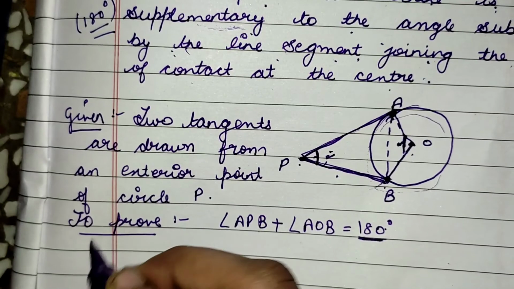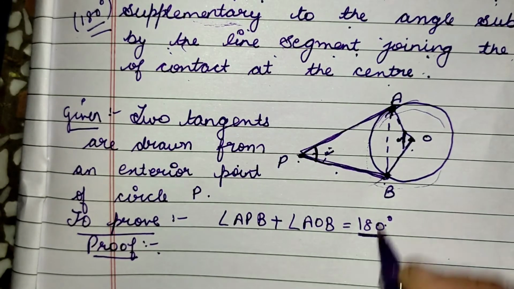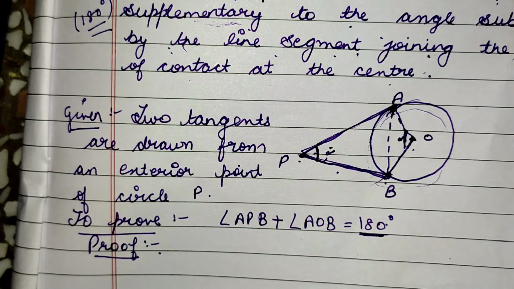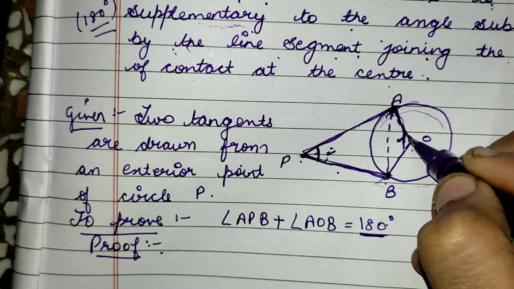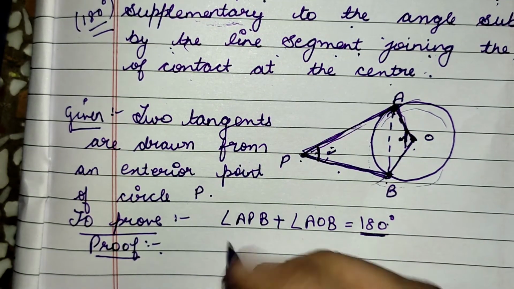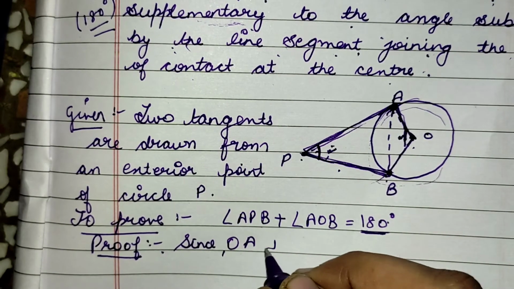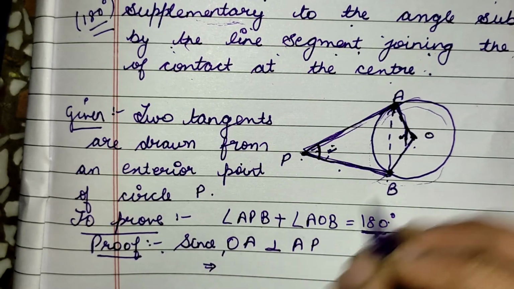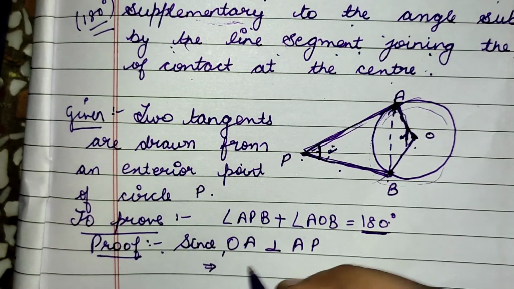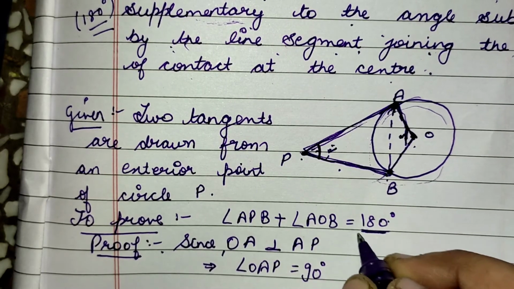Okay, so let's start our proof. What does our proof say first? According to theorem number 10.1, this OA is perpendicular to tangent PA, right? Since OA is perpendicular to AP, that means angle OAP is equal to 90 degree. Why is it perpendicular?